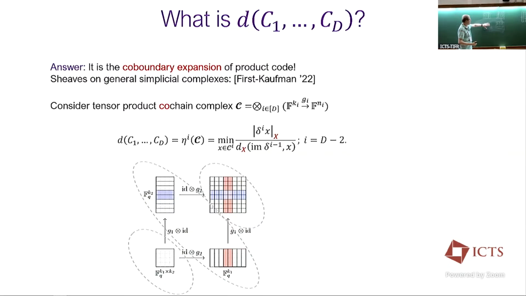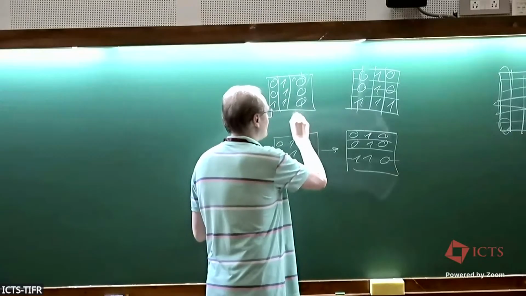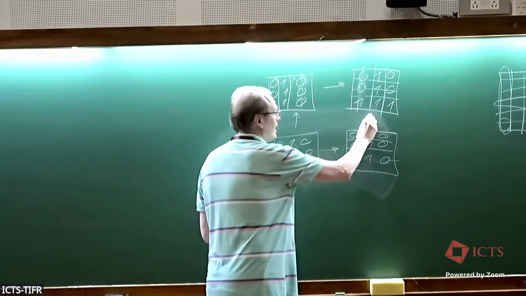Here we have a matrix, and we have a linear map, a restriction map, when we restrict this matrix to its row. And here we also have a matrix, and we have a restriction map when we restrict to a column. So we can describe these linear maps as restrictions.